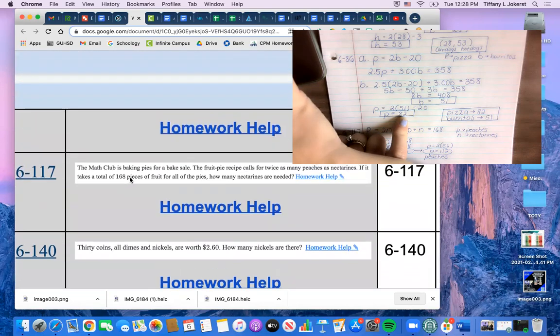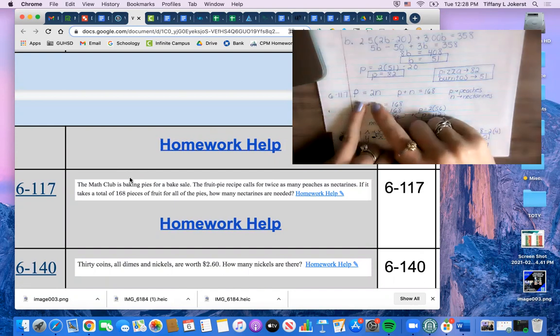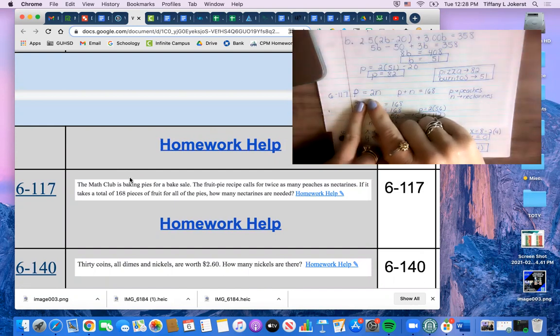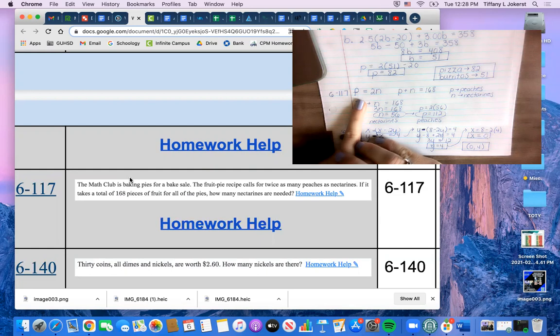Next one. This one's a little bit confusing. It says the math club is baking fruit pies. You have peaches and nectarines. If you take a total of 168 pieces of fruit for all of the pies, how many nectarines do you need?